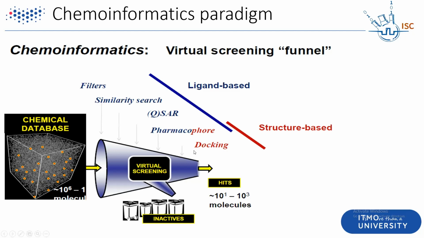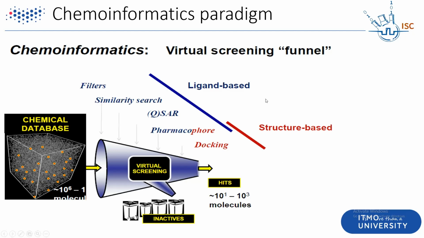So this is kind of an artificial, not really artificial, but more practical way to discriminate the fast chemoinformatics methods from the slow chemoinformatics methods.